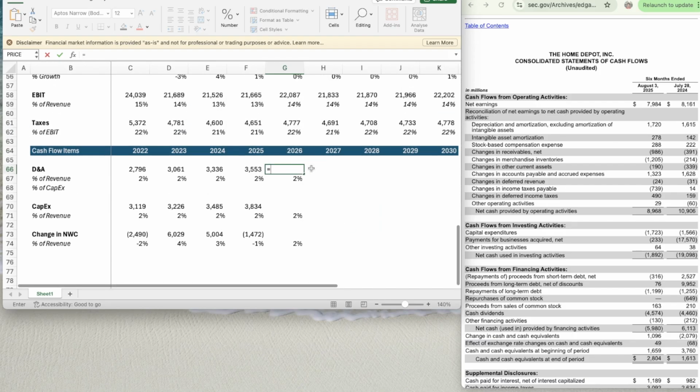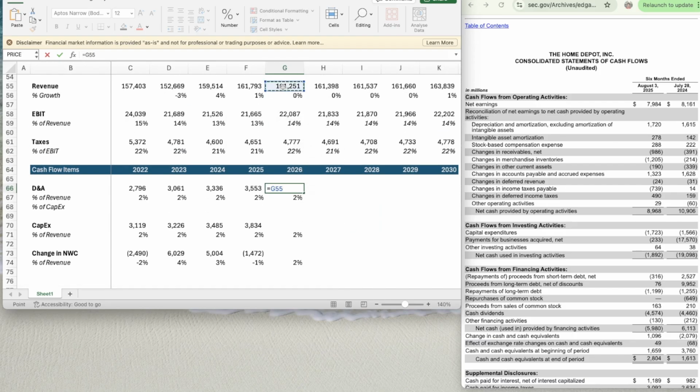So take the revenue, you multiply it by what we think it's going to be of revenue, and we just slide all of these along. We do the same here.